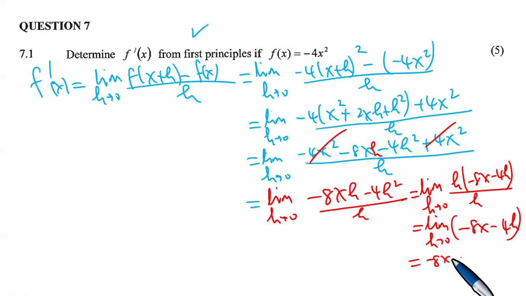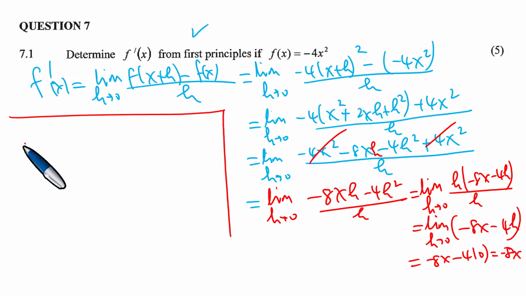And this is minus 8x minus 4 times 0, which is minus 8x. Therefore we conclude that f prime is minus 8x. So we continue to analyze these questions and see what we need to do.